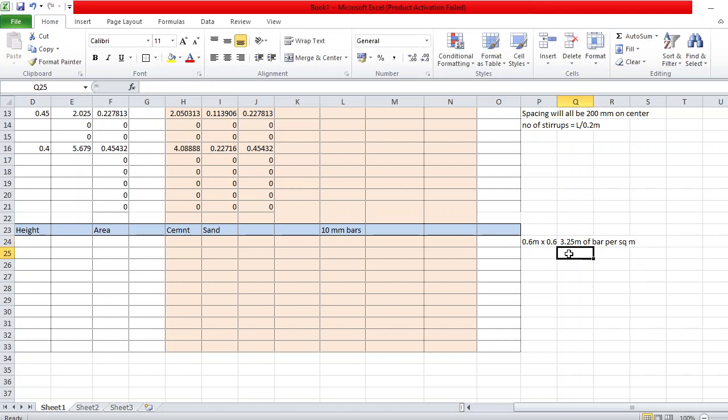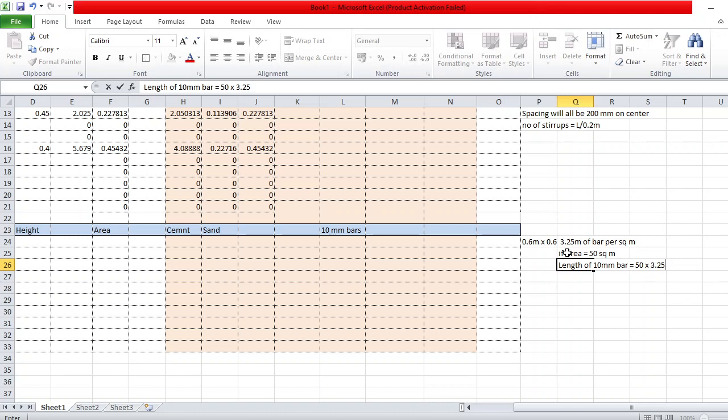If area is equal to 50 square meters, length of 10 mm bar will be equal to 50, tapos sabi ko sa inyo, multiply it by 3.25 meters per square meter.